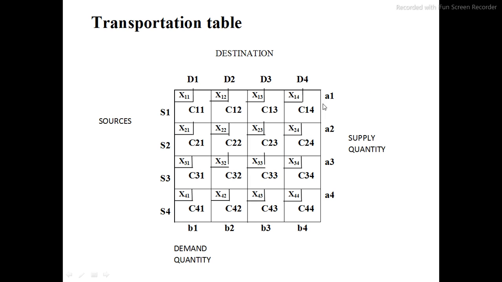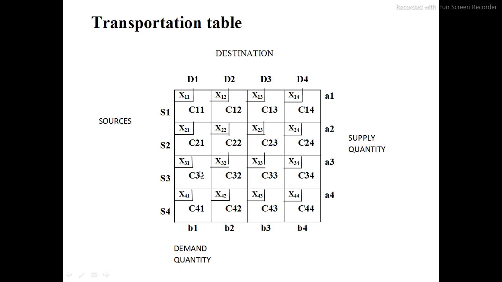If you supply some quantity to this point, some to that point, and so on, then if you add all the quantities you have supplied, that should be equal to the A1 that we wrote.